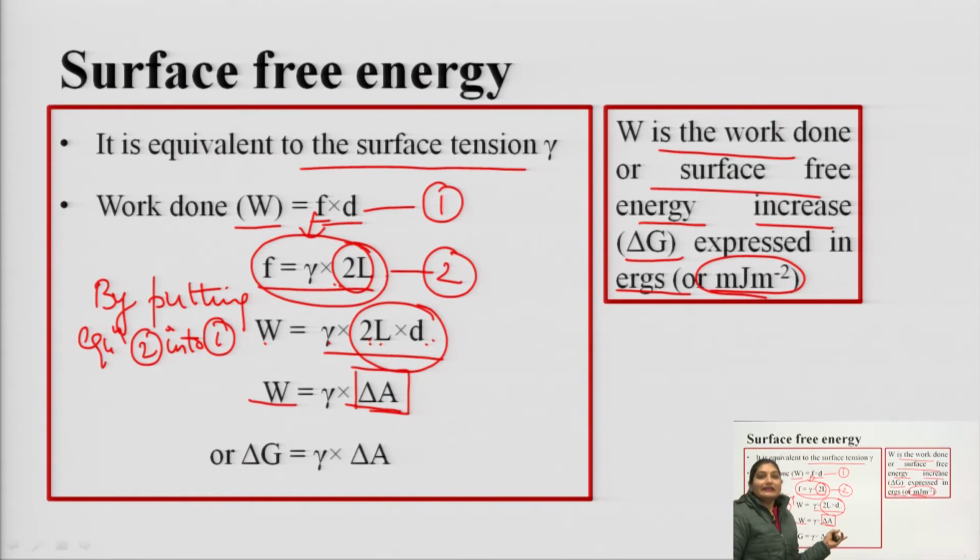This is the increase in surface area. Okay. So, W is the work done or surface free energy increase, so it can be represented by delta G. So, delta G is equal to gamma into delta A. Okay. And the unit of delta G is ergs.